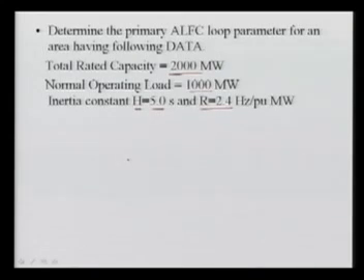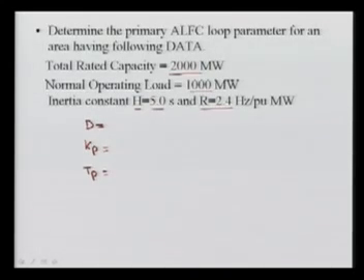Now we have to determine the parameters that we have to calculate. I want to calculate here the value D, we have to calculate your Kp, and you have to calculate the Tp. Now for the D, that is the coefficient which relates your change in load with the change in frequency.